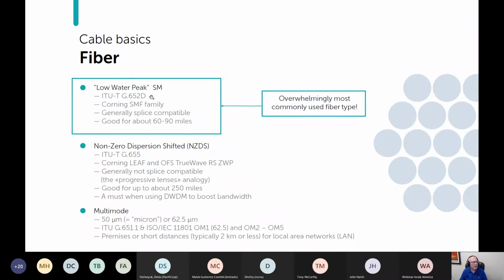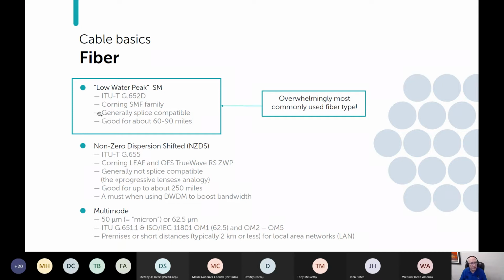In Fiber 101, we will discuss why it's called low water peak. The governing standard is an international standard, and it's ITU-T G.652, and it's table D. That's what's most common internationally today. An example of that is the Corning SMF-28 family of fibers.